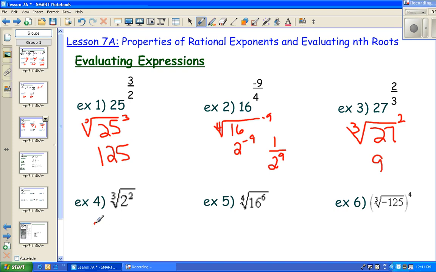Okay, this is the cubic root of 4, and that could be also 4 to the 1/3. The 4th root of 16 is 2 to the 6th power. The cubic root of negative 125 is negative 5, and that's to the 4th power.